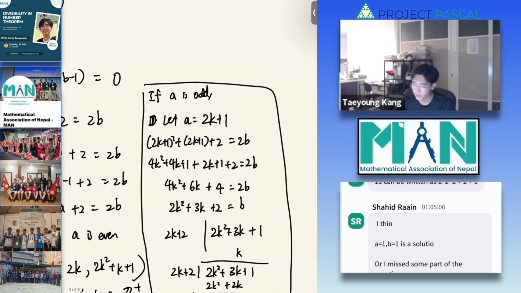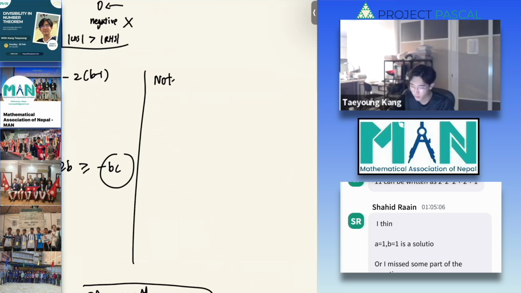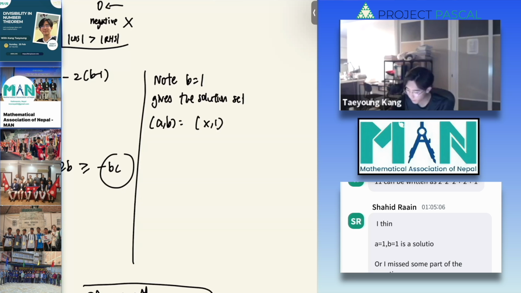Yeah, no. So when you start this problem, you must write: note B equals 1 gives the solution set (A, B) equals (x, 1) for all x that are positive integers.